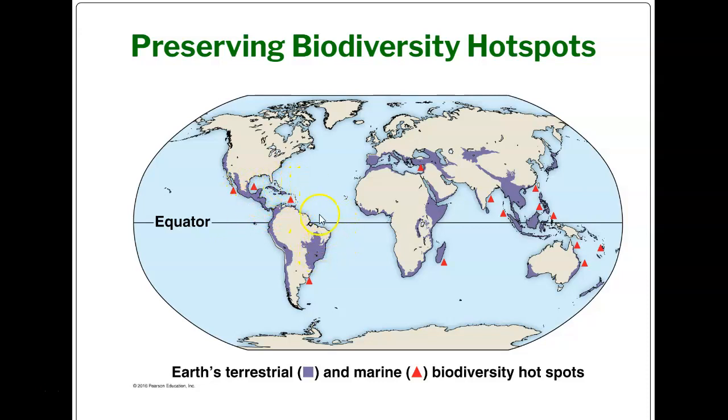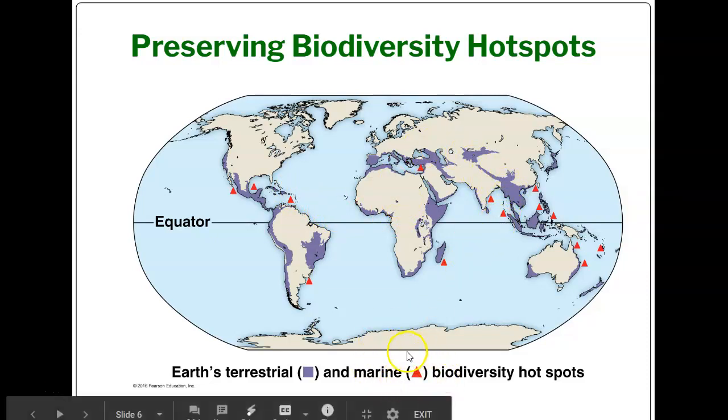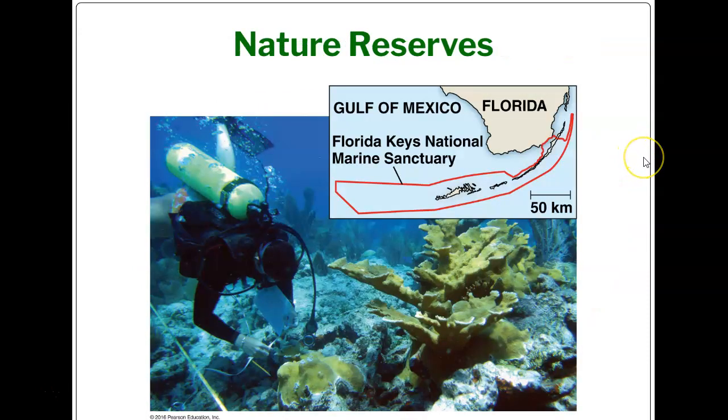You can see a lot of the Amazon rainforest and other parts of the country too. And then the marine areas have orange or red triangles. And so you can see a lot of coral reef areas are known to be biodiversity hotspots.